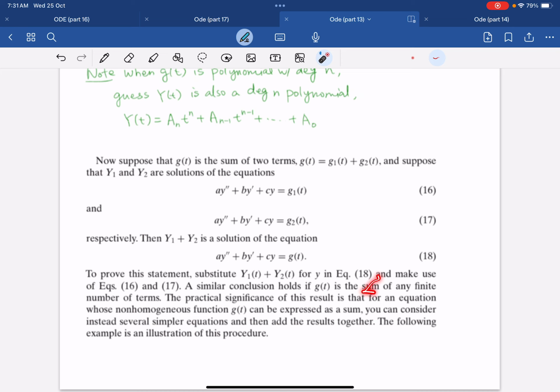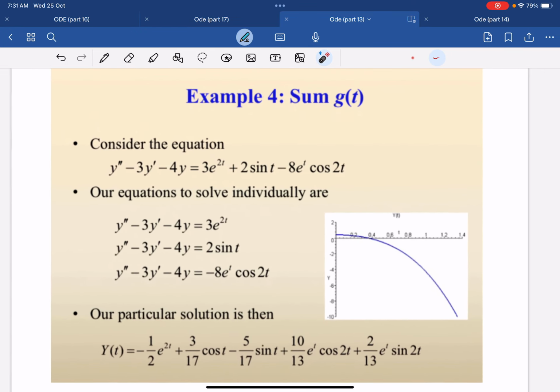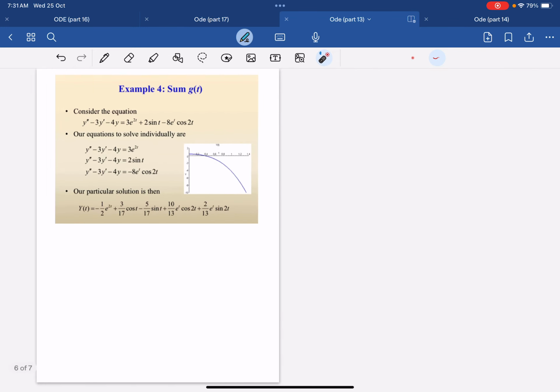So this holds for any finite sum. For example, in this case where g(t) is a sum of an exponential plus a trigonometric function plus this, you just need to solve each equation individually and then add the particular solutions together, and it will be the answer.